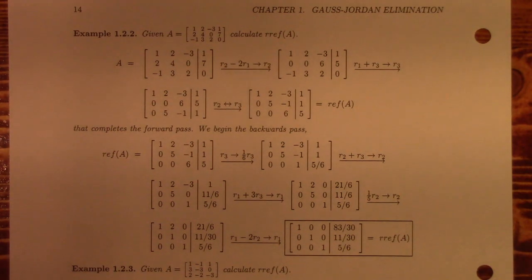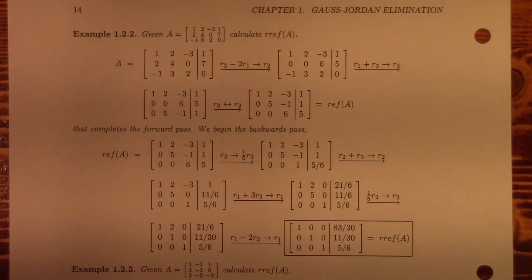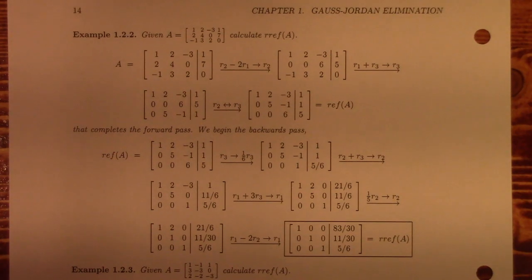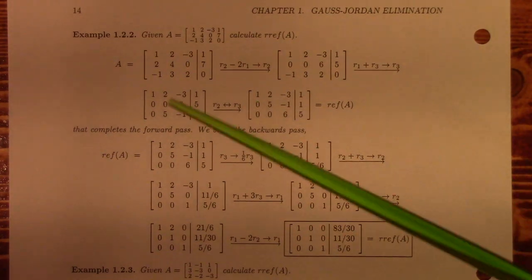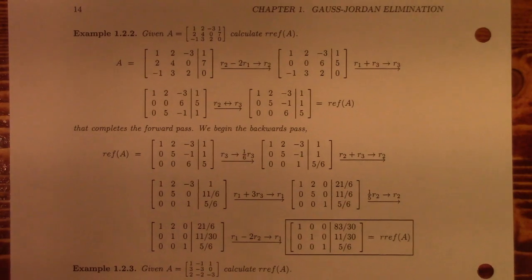Swap rows if necessary to put a pivot column into the next highest possible row, and you just keep doing this. And that's the forward pass. Once that's all done, you sweep out the positions above the pivot positions and make them 0, and that's the backwards pass. And eventually, every pivot column is just a 1 with zeros in the rest.